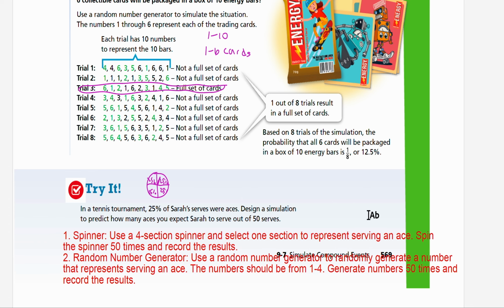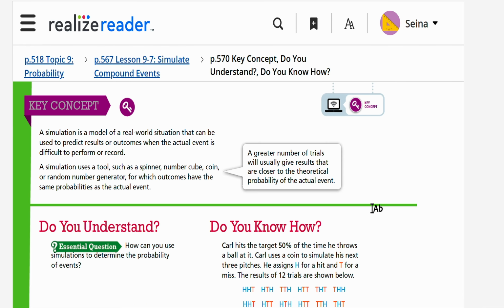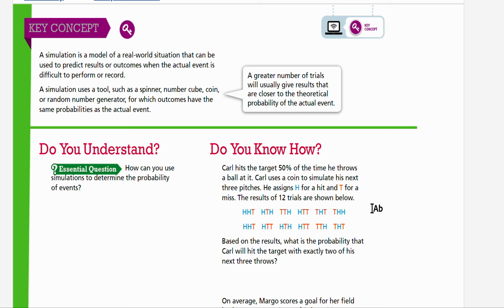Obviously, you can be creative and think of other ways, but these are examples of the tools that we used in this lesson. And this would be able to cover pretty much all the different scenarios that we'll see in this class. So let's summarize our lesson. The Key Concept on the next page summarizes your lesson very well.